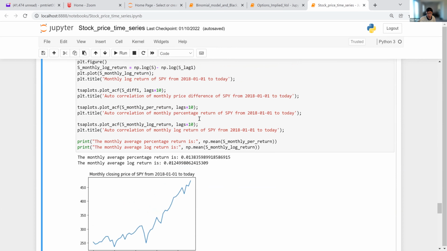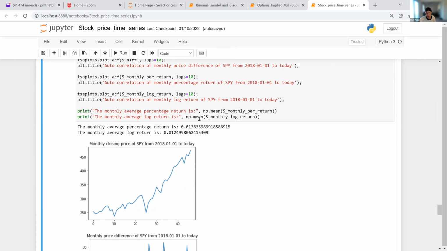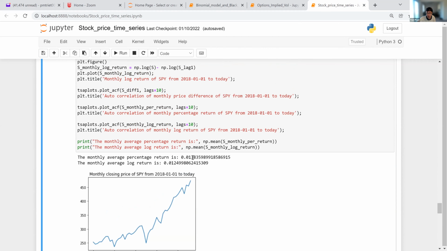Why don't I do annual data? You can play around with this, but if you do annual data, we don't have enough data to average, because at the end of the day you have to take the mean of the sample of returns. If I do annual, I need at least maybe 20, 30 years' worth of data, one return for each year, and that is much less reliable.